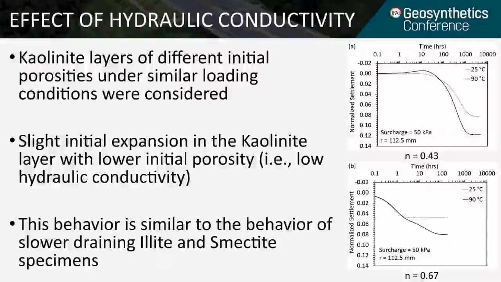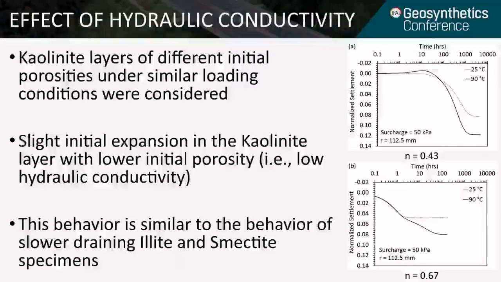To look at the effect of hydraulic conductivity on the performance of a thermal PVD, we looked at kaolinite layers at different initial porosities. Here I have shown the settlement curves for a kaolinite layer with 0.43 initial porosity and 0.67 initial porosity.